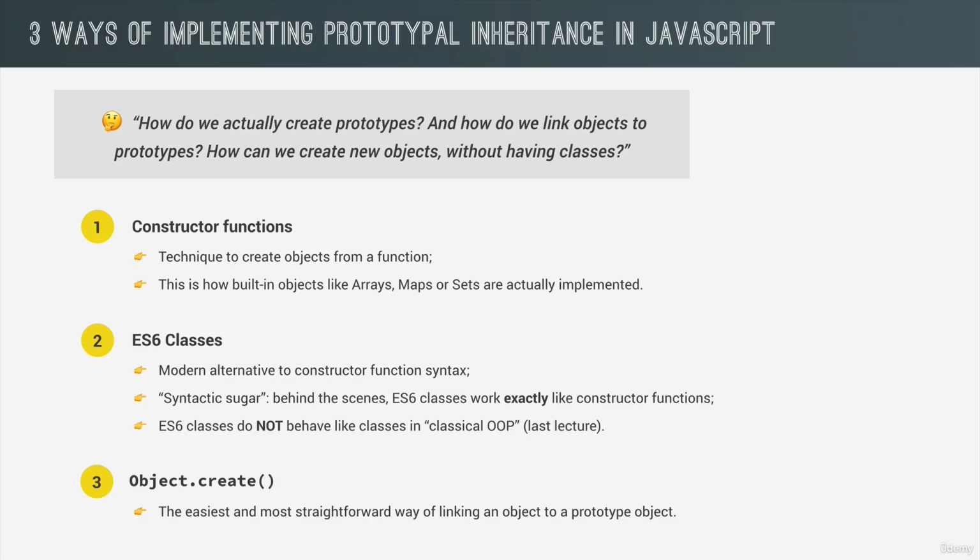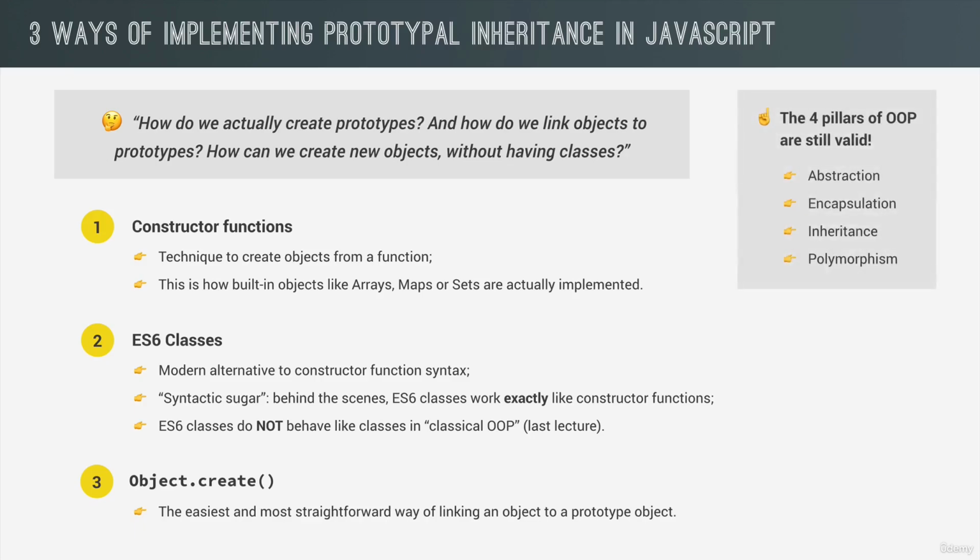Now, to finish, one important thing to keep in mind is that the four principles of object-oriented programming that we learned in the last lecture, so that's abstraction, encapsulation, inheritance, and polymorphism, are still valid and important with prototypal inheritance.